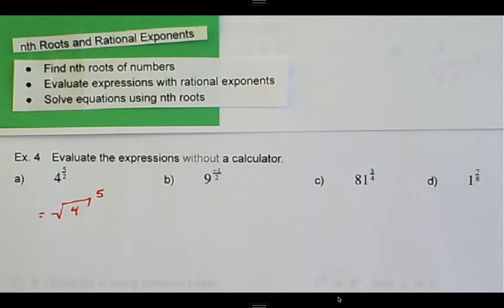So in this case, the square root of 4, we can say that that's going to be 2. And then we still have the 5 out front. And then that can be equal to 32.